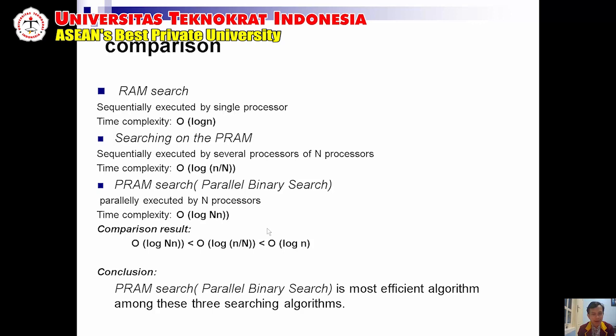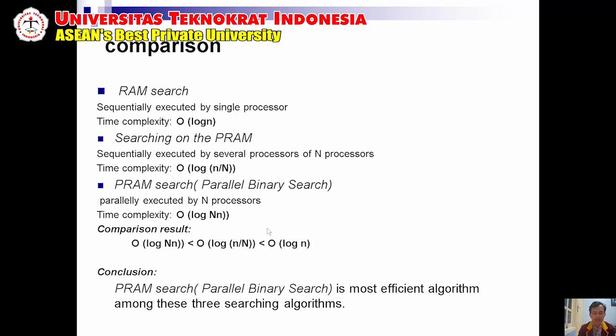Searching on the PRAM is executed sequentially by several processors, n processors, time complexity O(log n). Parallel binary search is executed in parallel by n processors, time complexity O(log n). Conclusion from the results: parallel binary search is the most efficient algorithm among these searching algorithms.